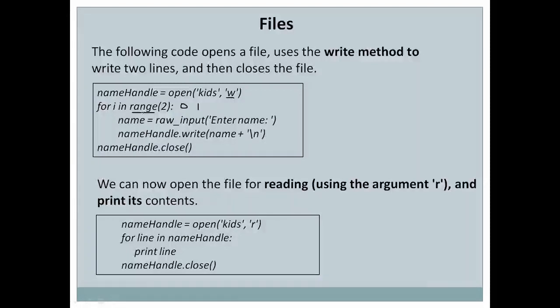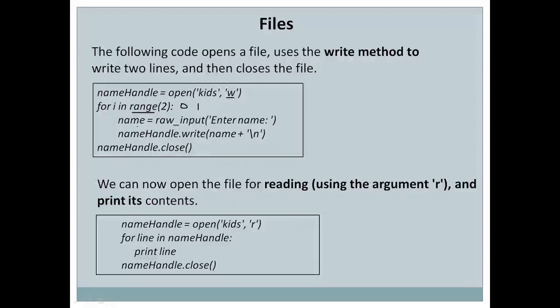So this simply means this for loop iterates twice, for values 0 and 1. Initially the value 0 will be assigned to i, and then the value 1 will be assigned to i. Okay, look at the code inside the for loop.